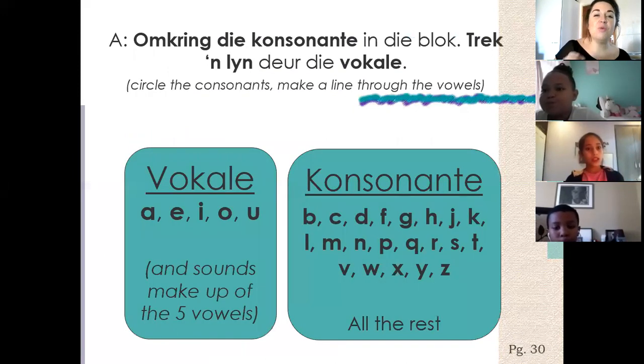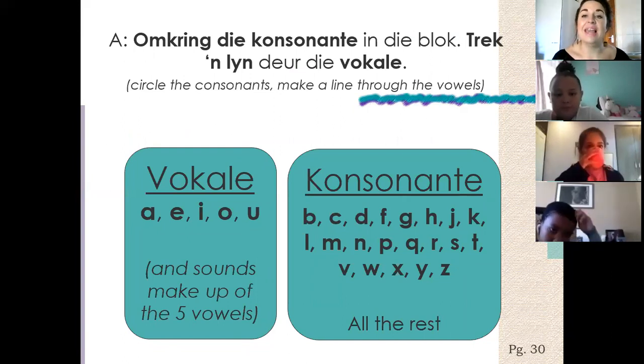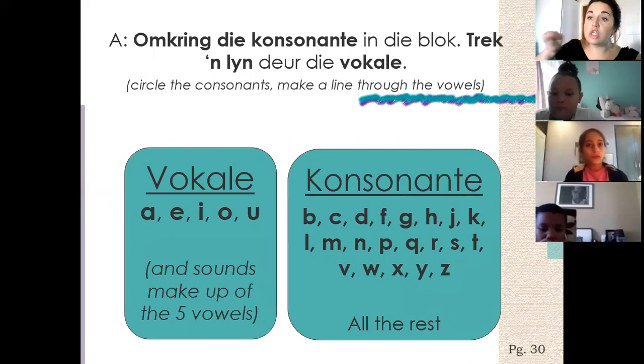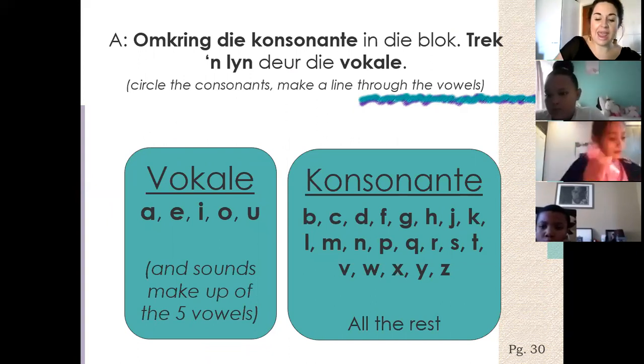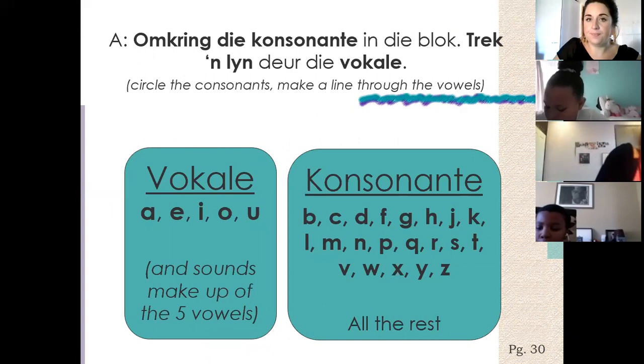Mooi. All right. So now number A says, omkring die konsonante in die blok, trek 'n lyn deur die vokale. So you are going to look in your book, there's a block by number A, and first things first, make a star next to number A with your color pen or highlighter. Everyone do that for me. Make a star next to the A on page 30.